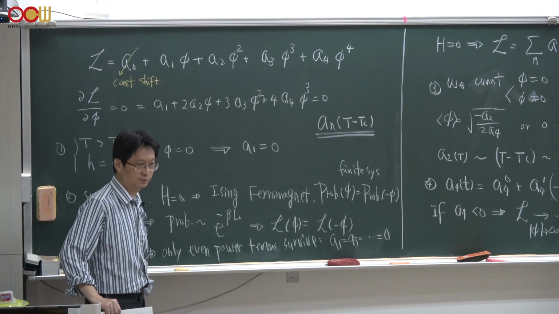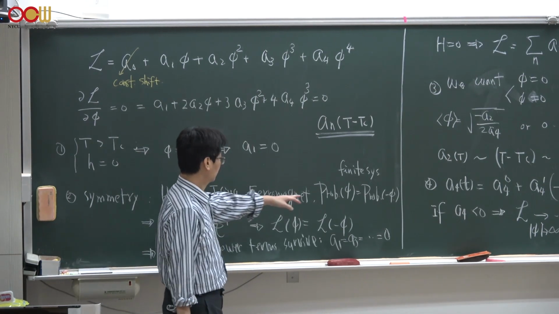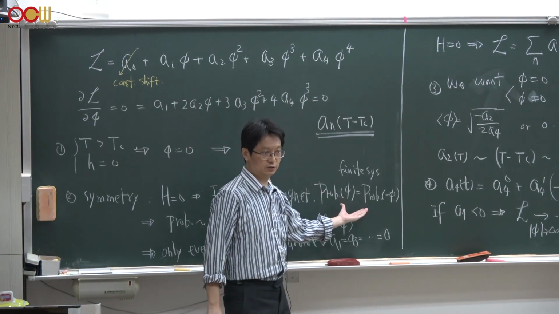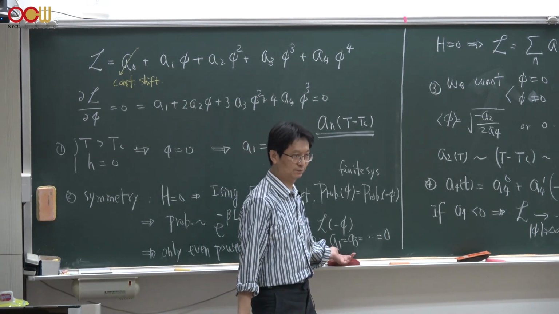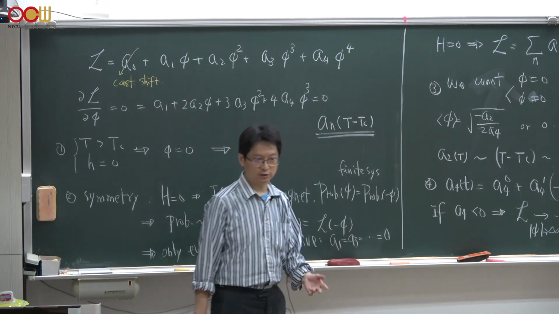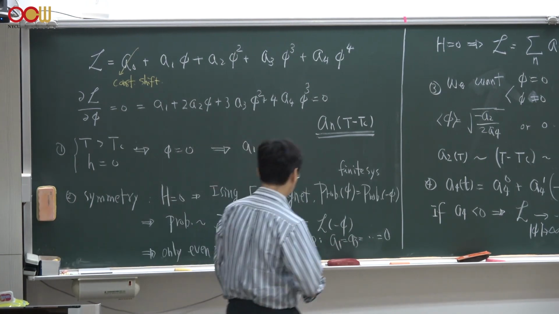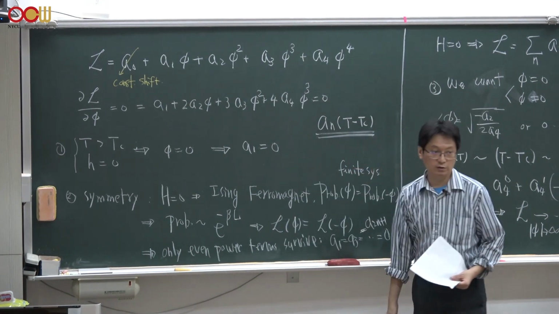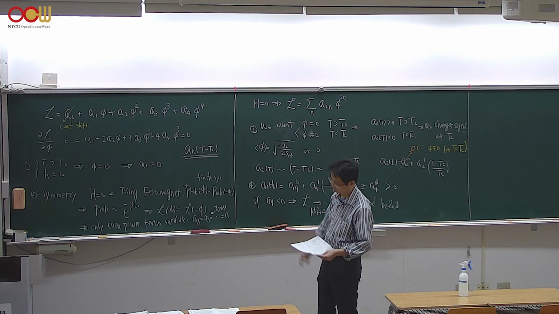That's really obvious, because all the odd terms will not satisfy this symmetry. So we get rid of half of the coefficients already. So A1 is 0, A3 is 0, A5 is 0, all the way to A(2n+1). And we only need to focus on the even power terms in this Landau expansion.